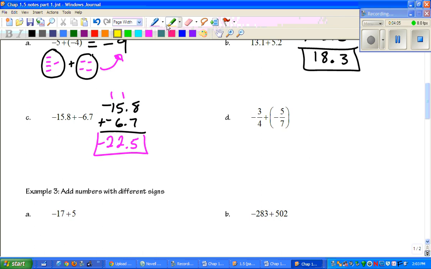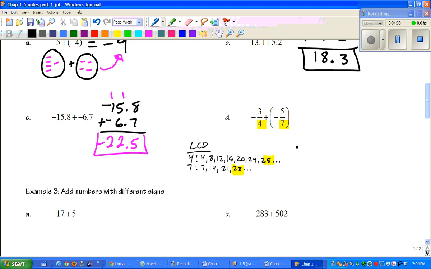And for D, let's look at D. Before we do anything, we have to find a common denominator, which means we have to find the LCD of 4 and 7. So I'm going to count by 4s till I see a number that they both go into. And it's 28.